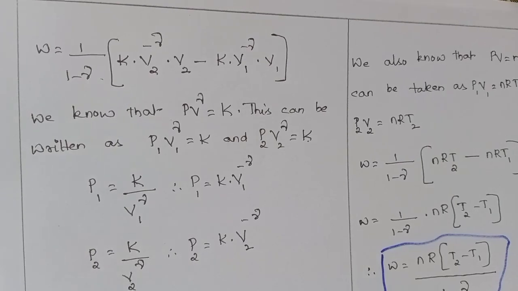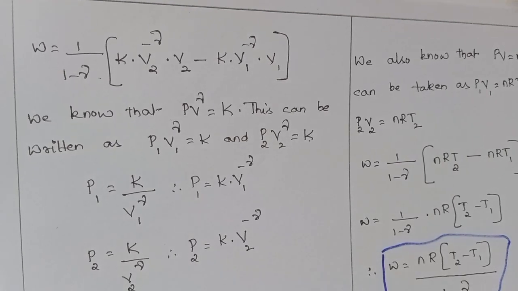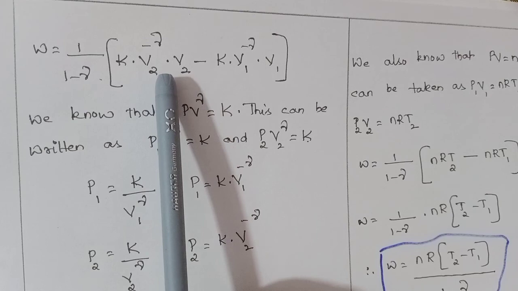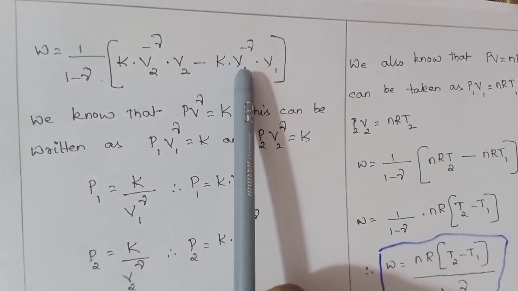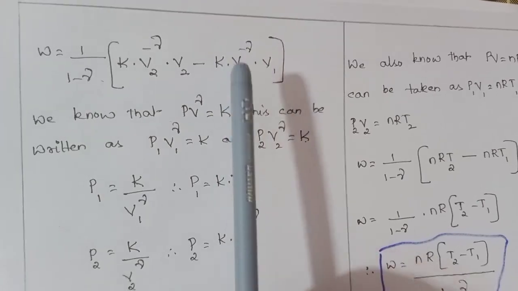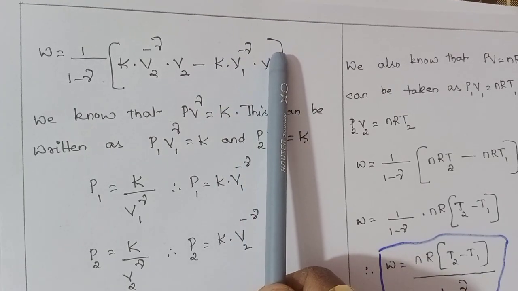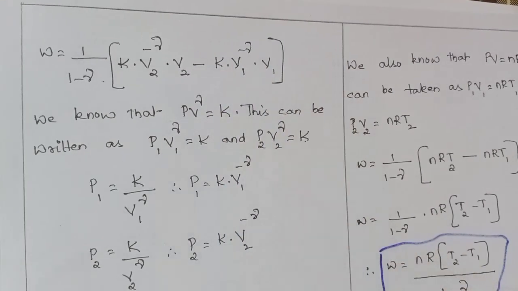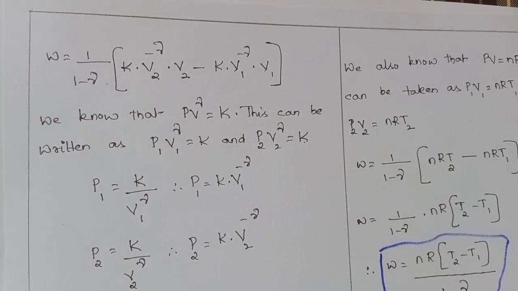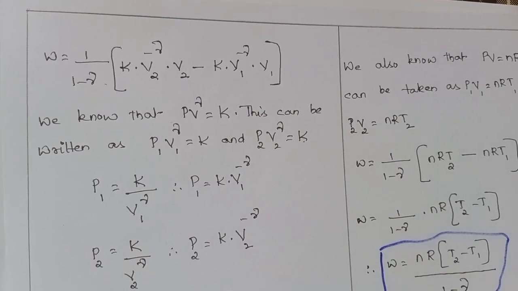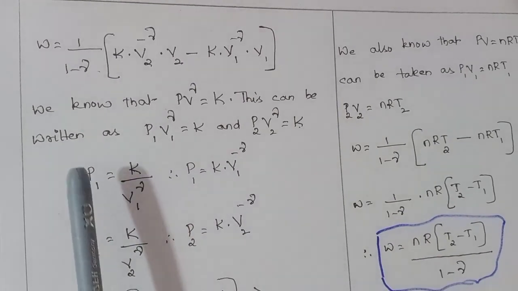Similarly, minus k into v1 to the power minus gamma into v1 to the power 1, which becomes completely v1 to the power minus gamma plus 1, which is our previous step. Why did I do this? Because look at the next sentence.